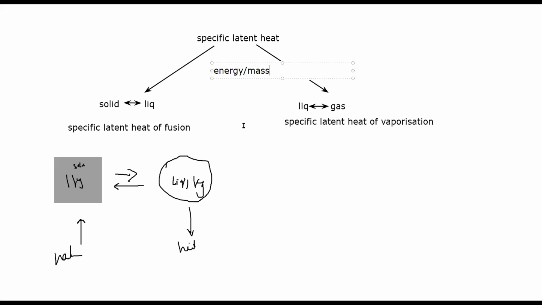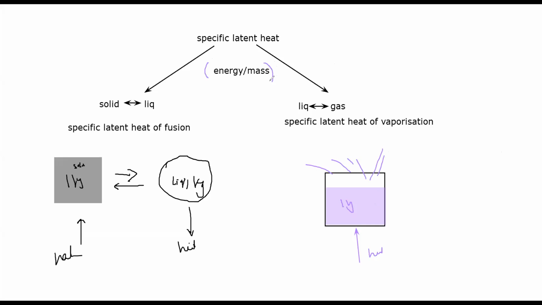And if you have a container filled with a liquid, you have 1 kilogram liquid, how much energy is supplied to this 1 kg liquid so that it will convert into vapors? That is called the specific latent heat of vaporization. The formula is the same: the energy we supply divided by mass, because we are finding for each kilogram.